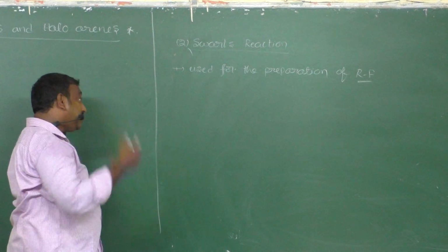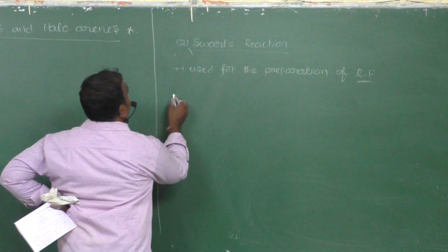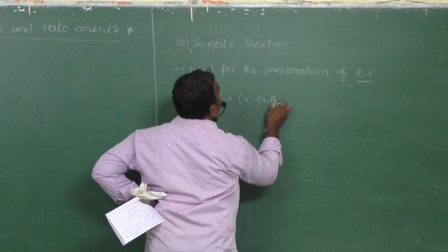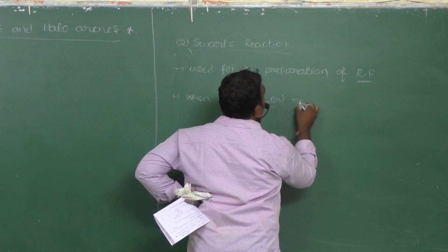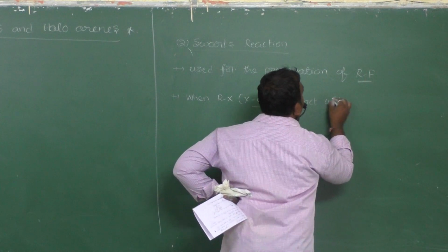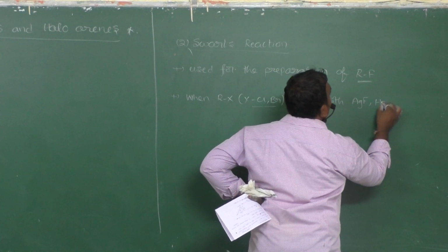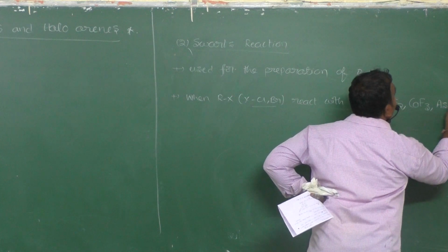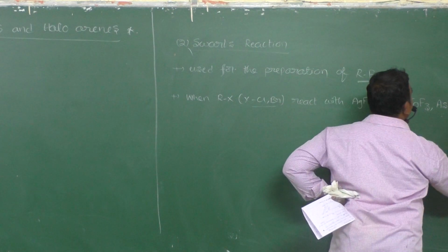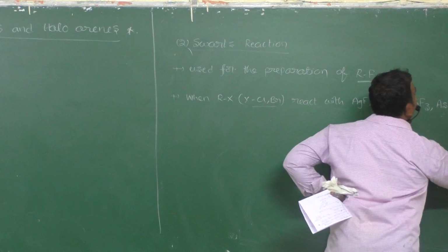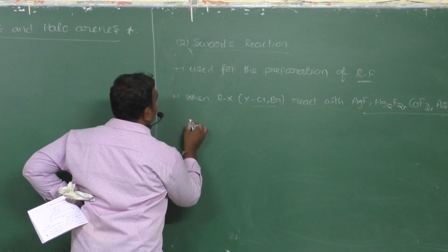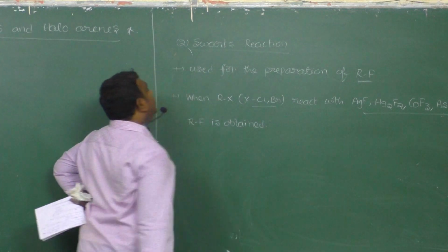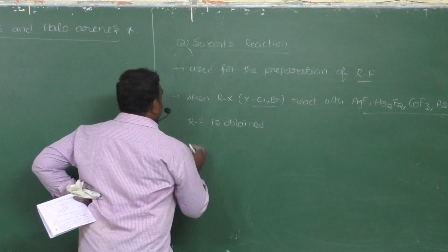When an alkyl halide, where the halogen is chlorine or bromine, reacts with silver fluoride, mercurous fluoride, cobalt trifluoride, arsenic trifluoride, and so on, alkyl fluoride is obtained. This is called the Swarts reaction.